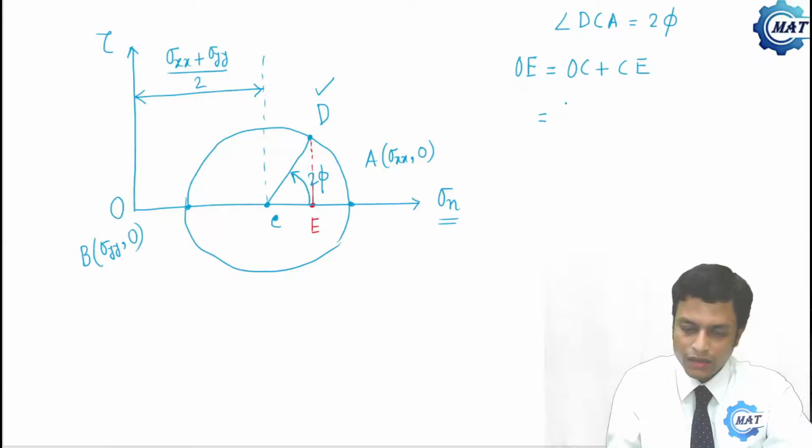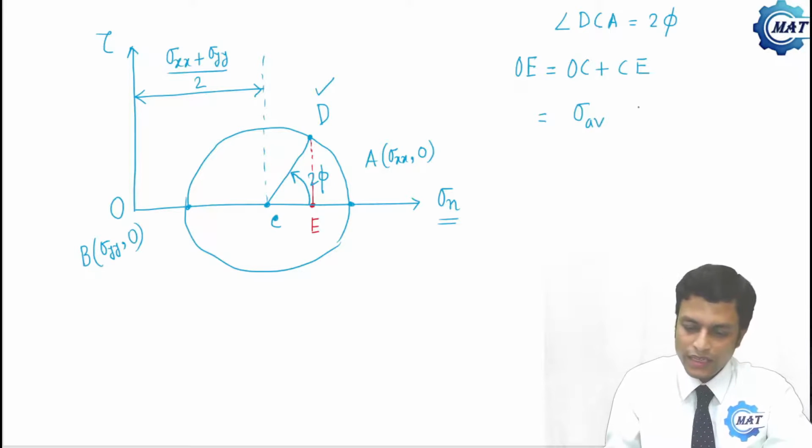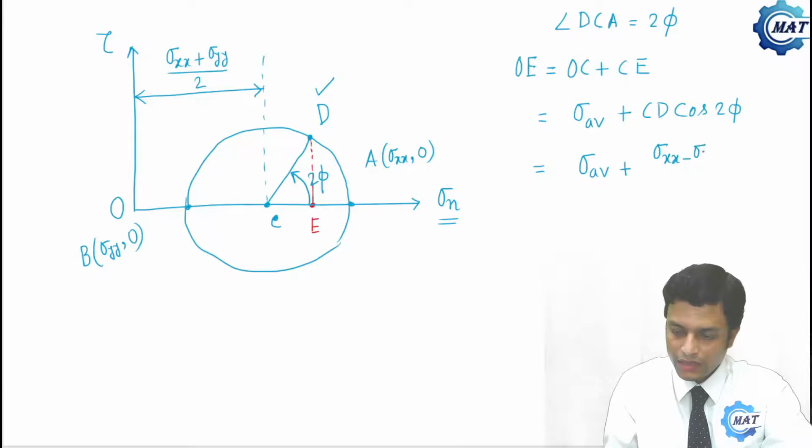OC is nothing but sigma average, or (sigma XX plus sigma YY) by 2. CE is CD cos 2 phi, so it is sigma average plus CD, the radius of the Mohr circle, that is (sigma XX minus sigma YY) by 2, into cos 2 phi.